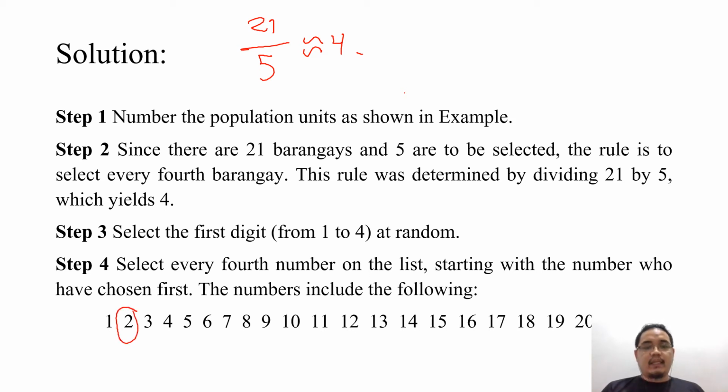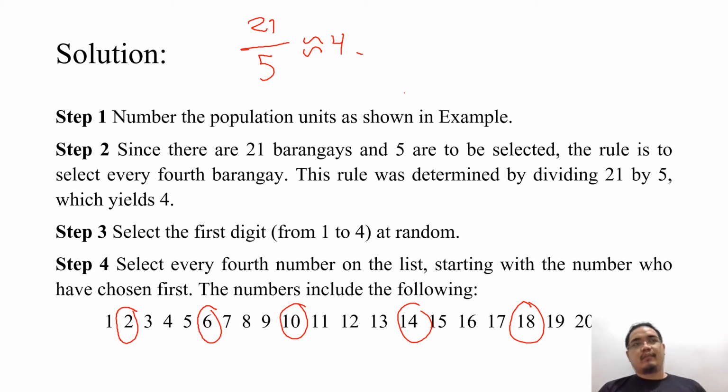And then pili ka every fourth. Okay, so halimbawa yan, 2. So, 1, 2, 3, edi 6. 1, 2, 3, 10. Ayan, 1, 2, 3, 14. Oh, 1, 2, 3, 18. So, yun yung systematic. So, napili ko numbers 2, 6, 10, 14, and 18.